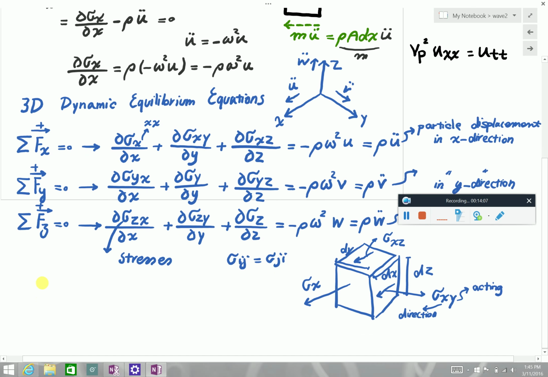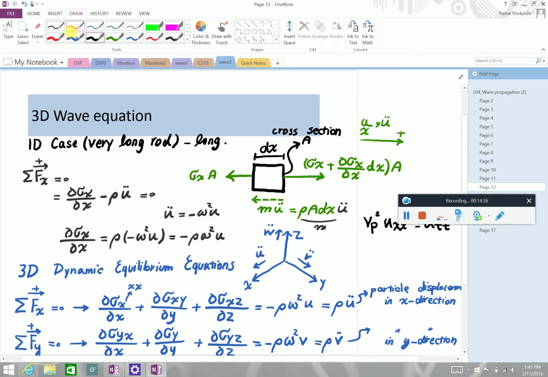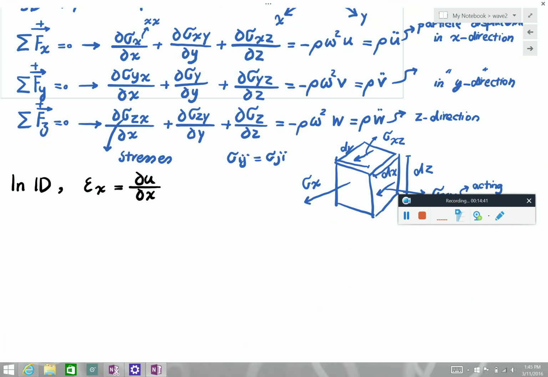The first thing is we look at the relationship between strain and displacement. In the one-dimensional case, this relationship was straightforward. The normal strain is the change in displacement per unit length. Mathematically, we can write it as the derivative of u with respect to x. In 3 dimensions, things are not that much different.